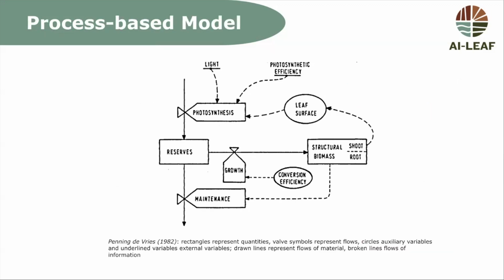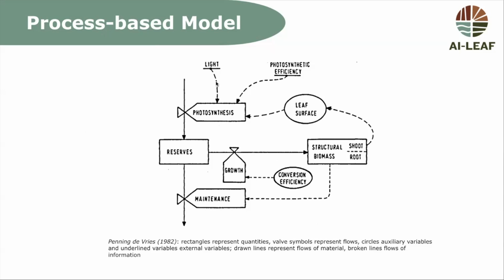Then here is an example. It was published in the 1980s. It's a very simple photosynthesis model. We can say that in this workflow, the target is to understand how plants use carbon to increase their biomass.